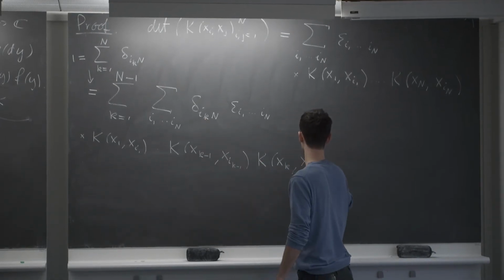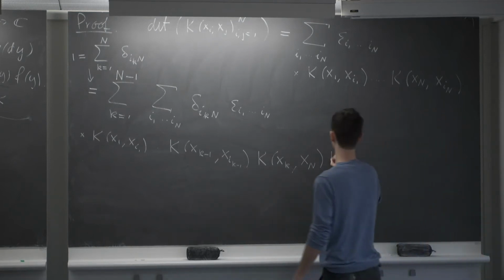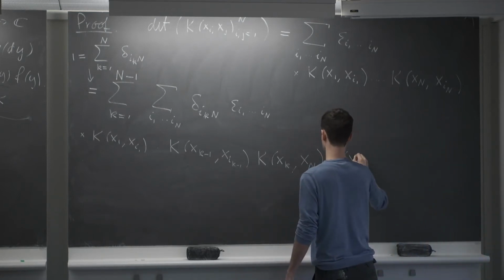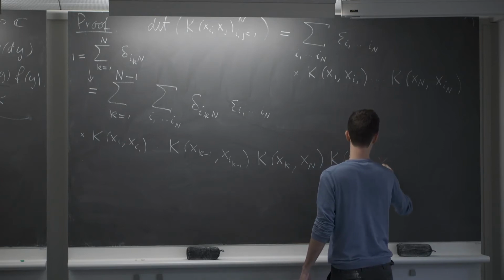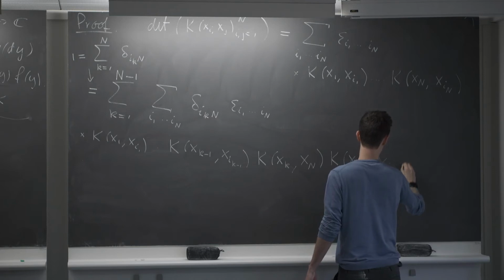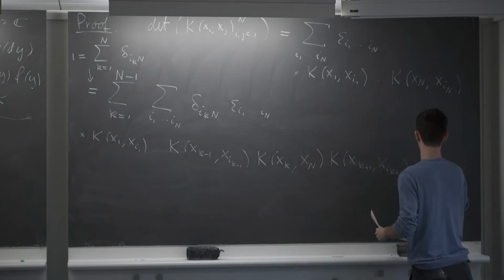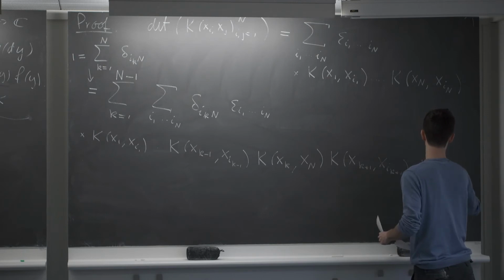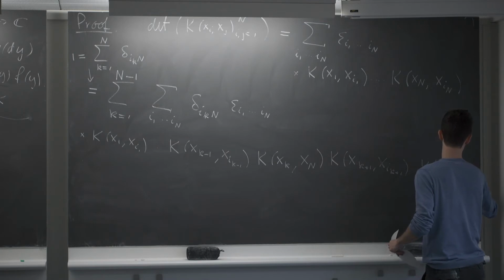So in the kth factor, I have my xn, and then I go on, until I get to the last one, my xn, and then I have my xin.